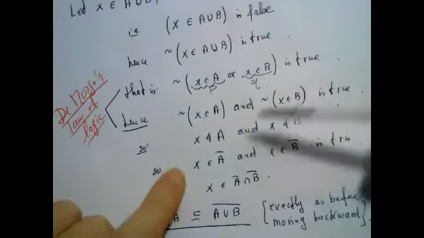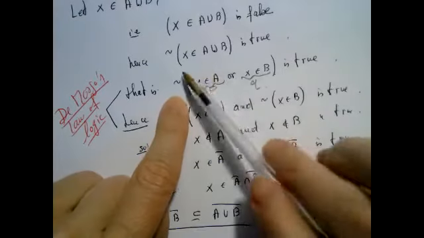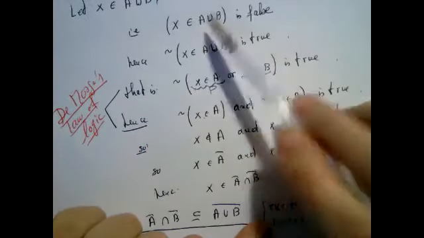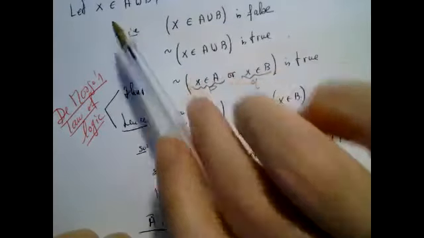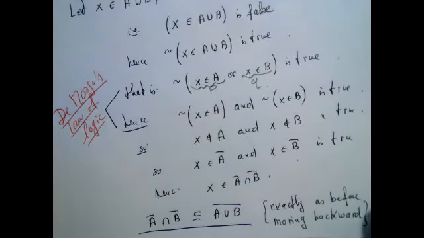It means the negation of that is true. It means the negation of X in A union B is true. X in A union B is false. X is not in A union B. X in A union B complement. So you go backward step by step, and then you get exactly the same proof.